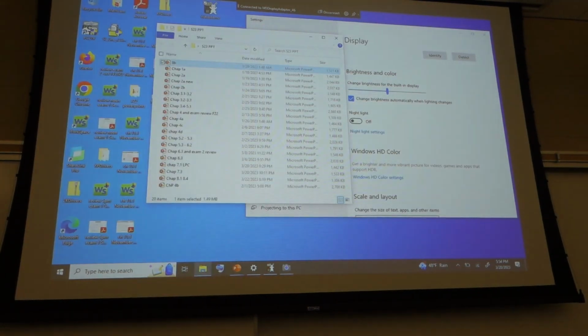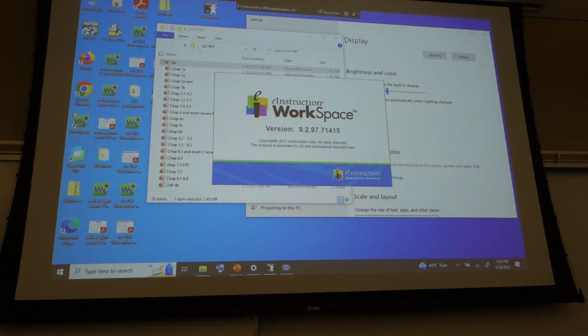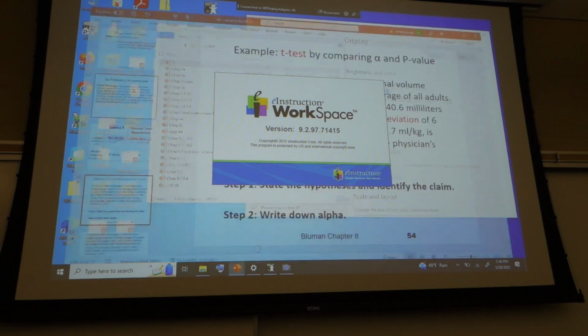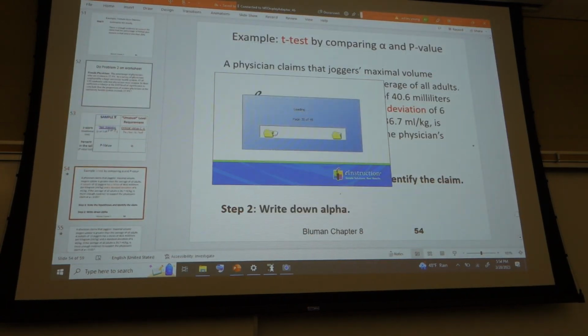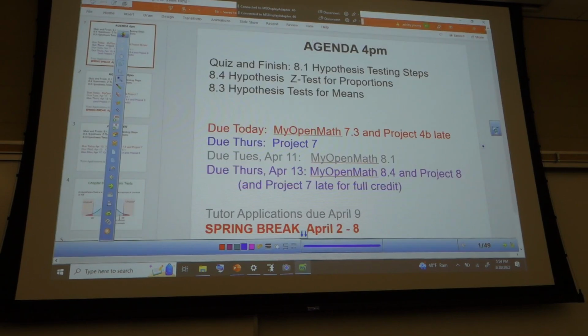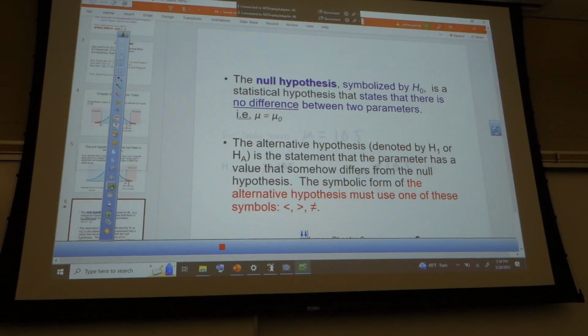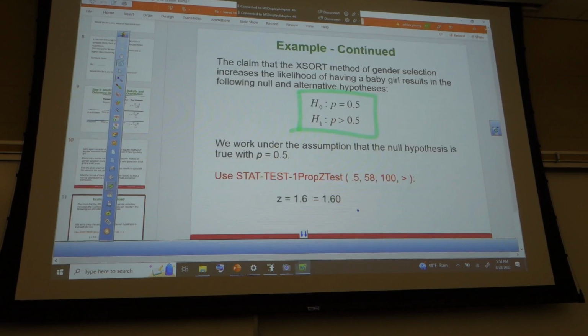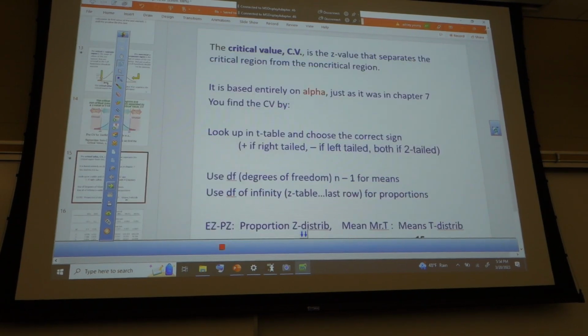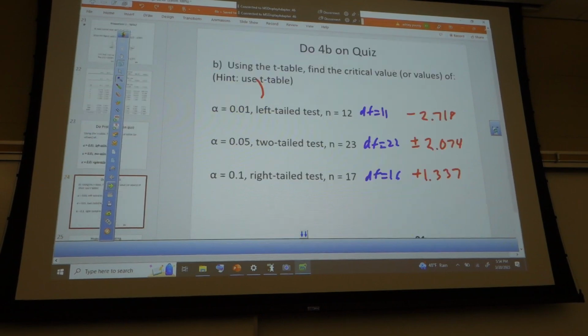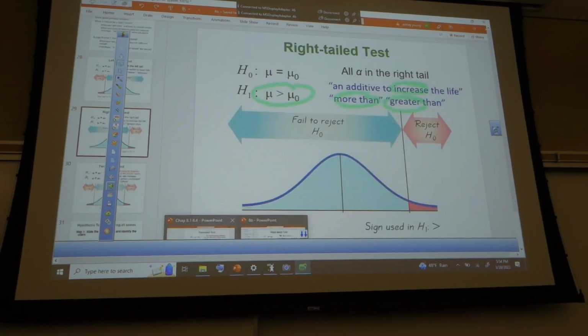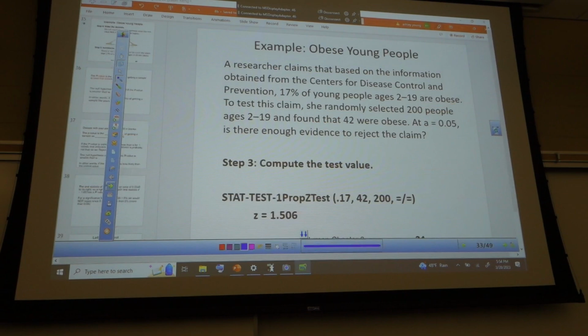I just broke my computer. Alright, so we have the mean, we have the standard deviation. Hold on a second. That's annoying. I need to give it more air. Covered a lot today.